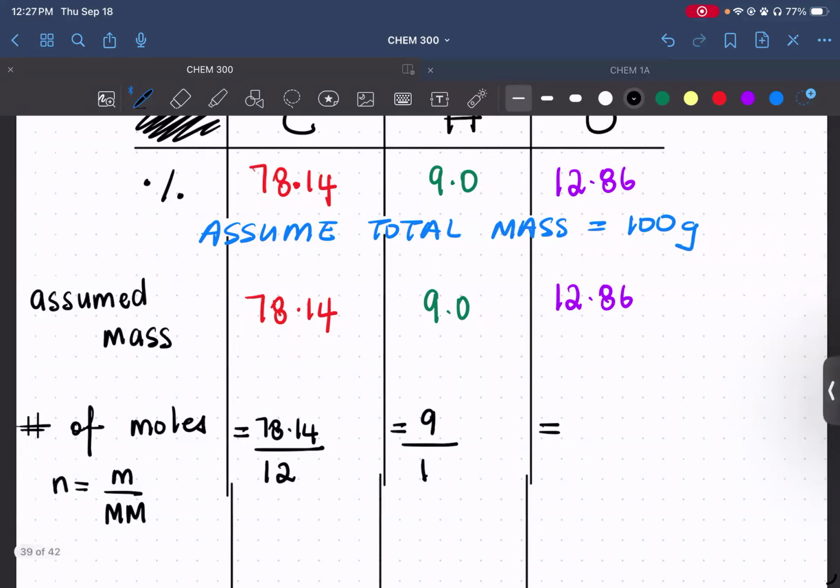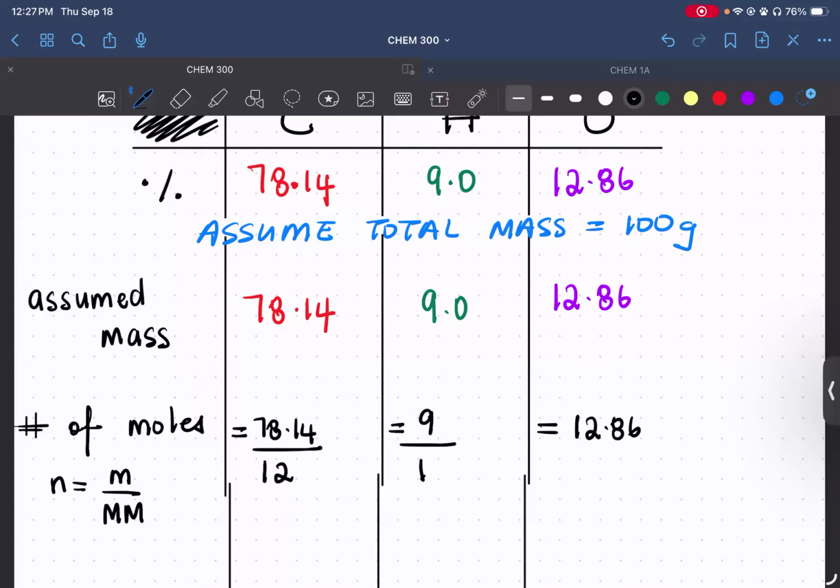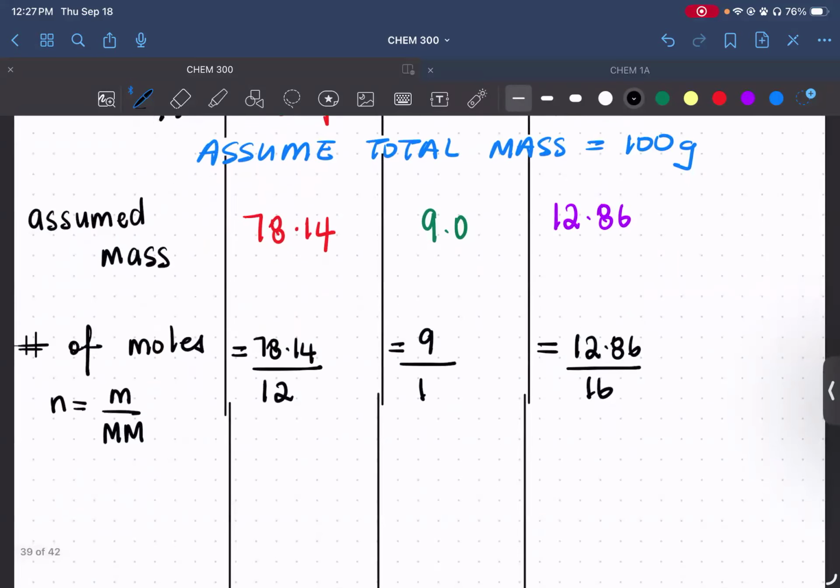For oxygen, the mass is 12.86 and the molar mass is 16. If we put these numbers into our calculator in order from left to right, 78.14 divided by 12 is approximately 6.5. 9 divided by 1 is just 9. 12.86 divided by 16 is 0.80.